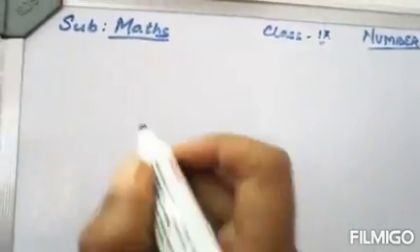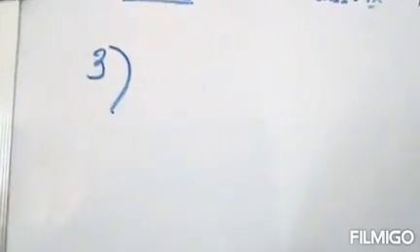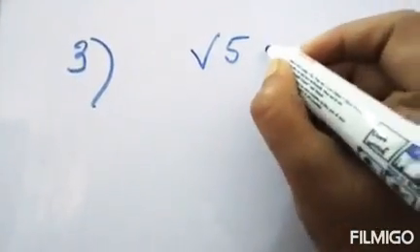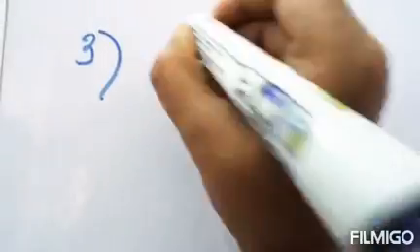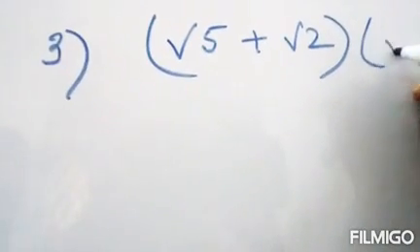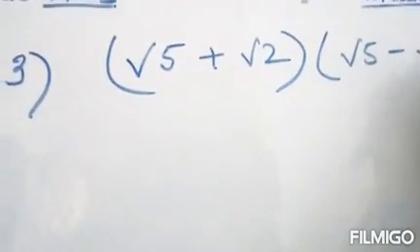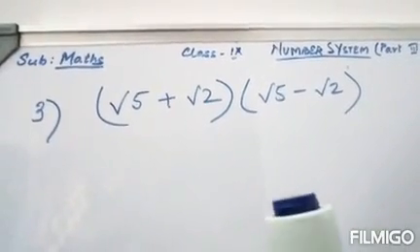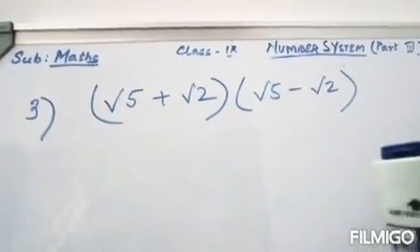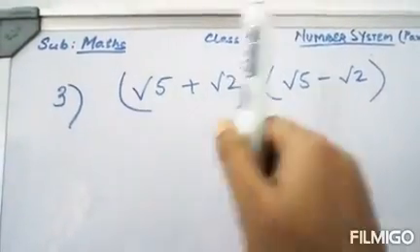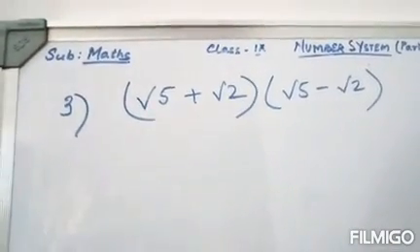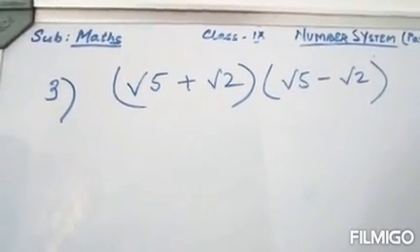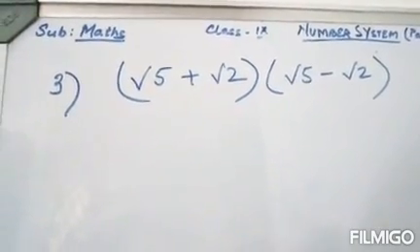Now let us simplify another problem. Let root 5 plus root 2 and root 5 minus root 2. Okay, I have been given root 5 plus root 2 into root 5 minus root 2. Now this one I can put into the a square minus b square formula, right? a square minus b square means what? a plus b into a minus b.